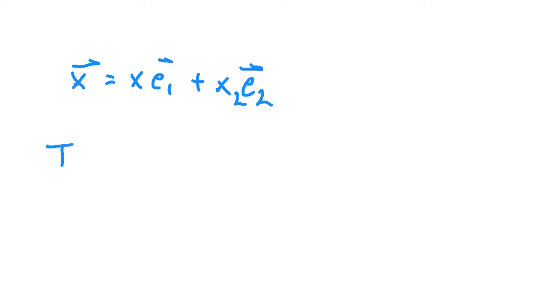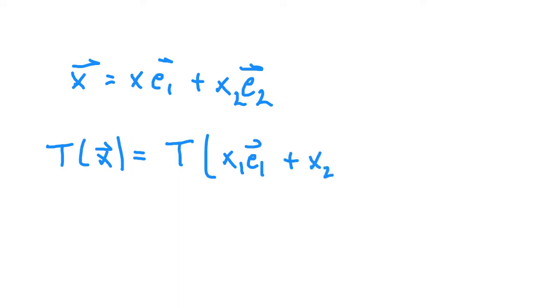And we want to know what the transform of x is. Well, the transform of x is the transformation of x1 times vector E1 plus x2 times vector E2.